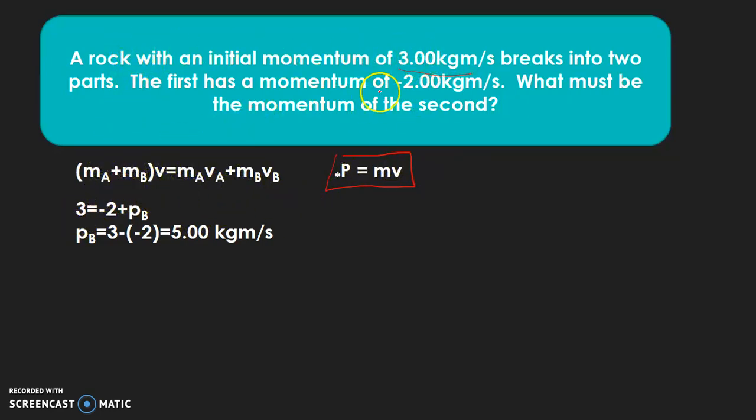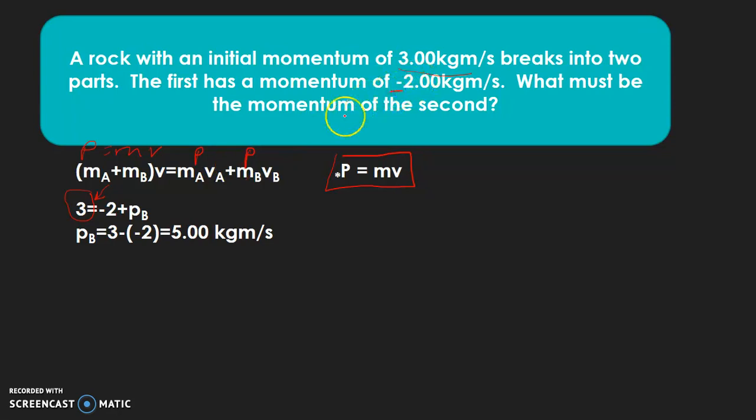So we plug in what we know. The momentum of the initial rock is 3.00 kilograms. That's where this 3 comes in. And we can again do this because this is basically mass times velocity, which equals momentum. And then it breaks into two parts, so we know that the first momentum right here, again, you can sub these in for P, is negative 2.